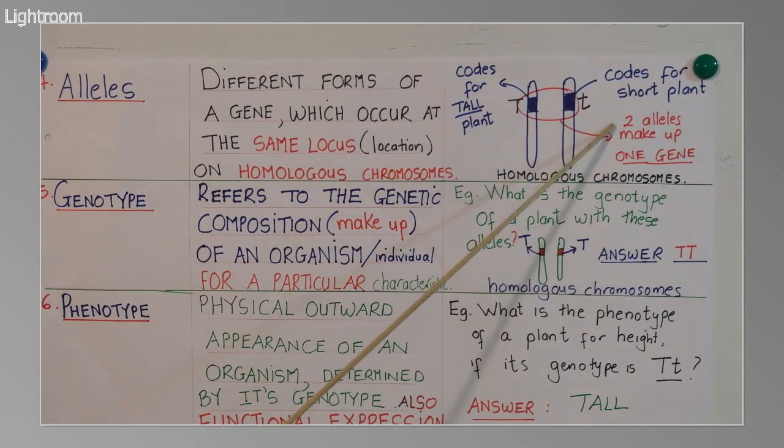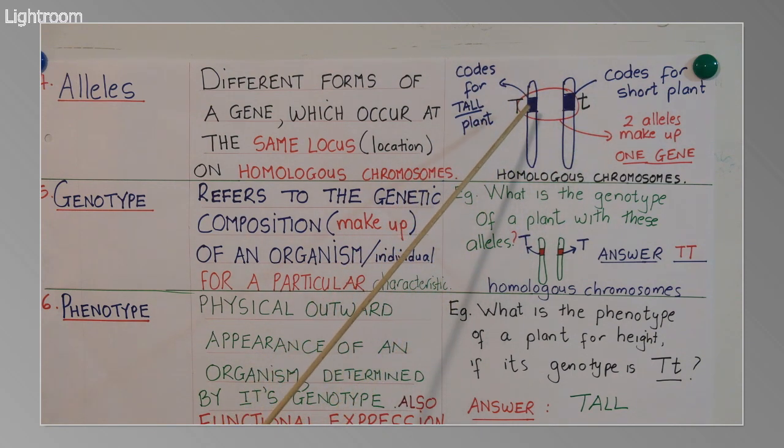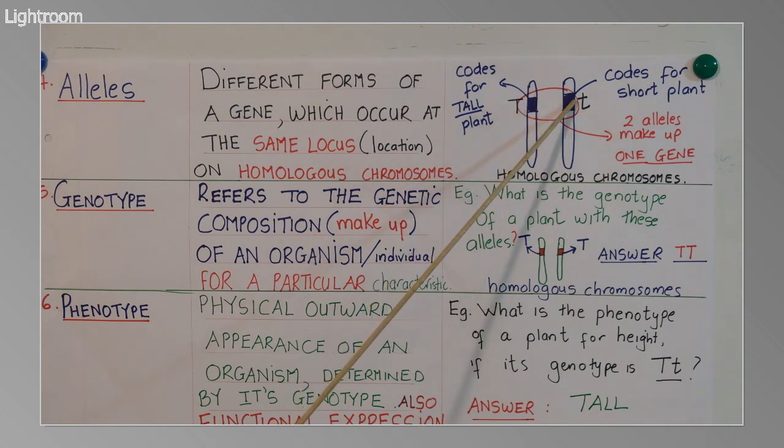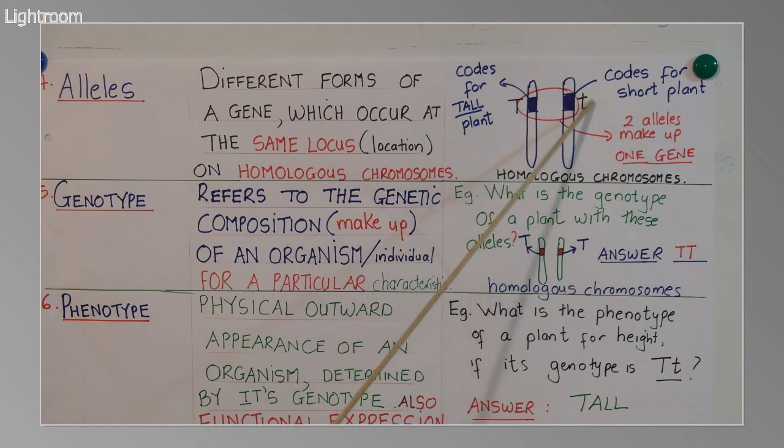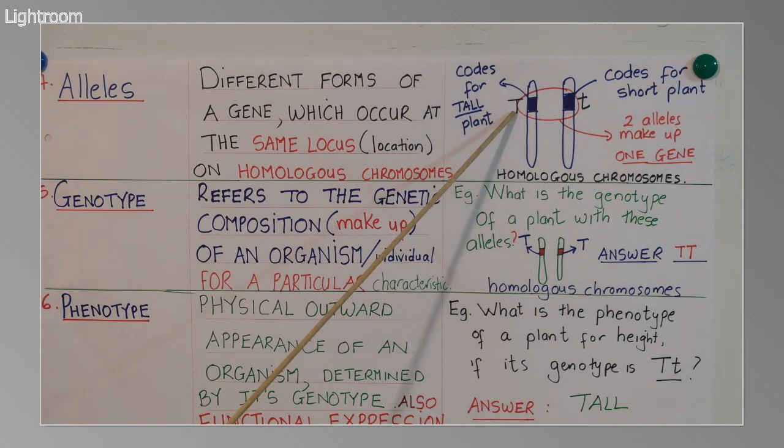For example, if this is a pair of single-stranded homologous chromosomes, then this allele and this allele are actually different forms of this single gene. These two alleles make up a single gene which controls the characteristic of height in pea plants. Each allele is represented by a letter.